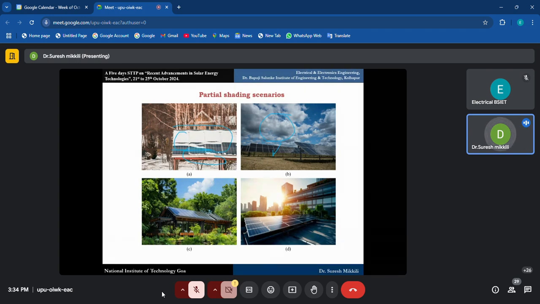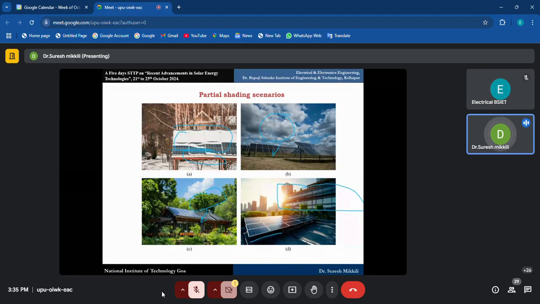If the height of the system is very low and the nearby trees are higher than the PV panels, then shading will happen due to trees. There is a possibility shading can happen if your PV panel height is less.